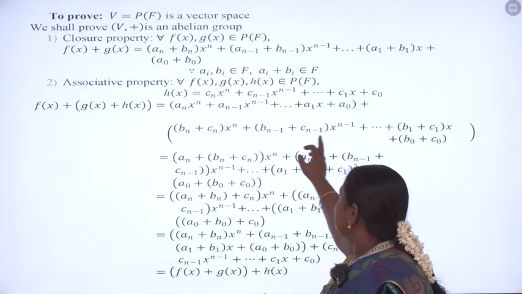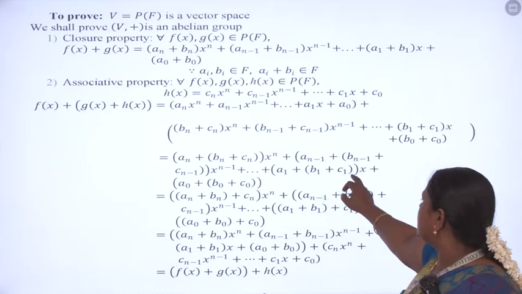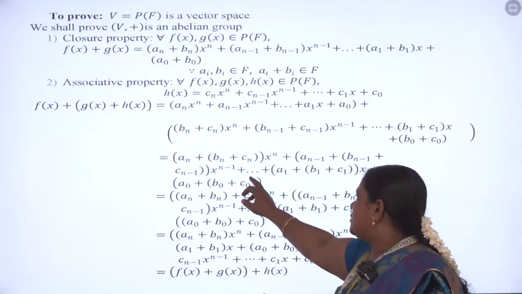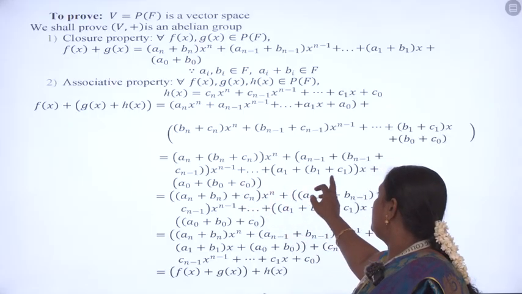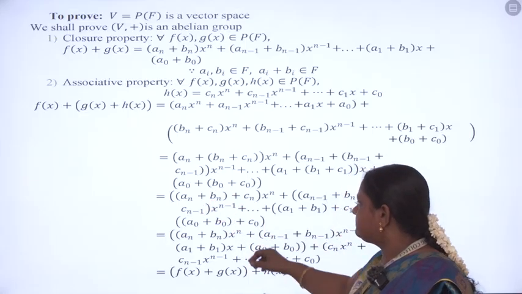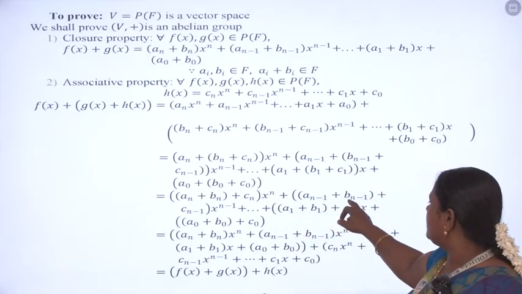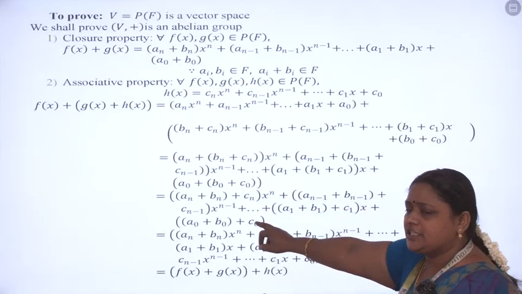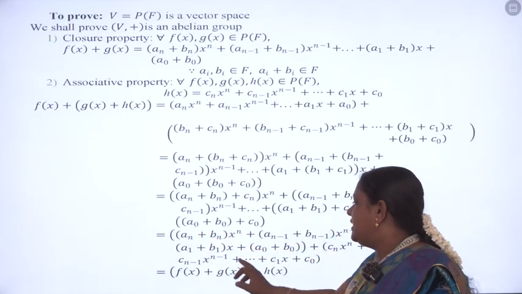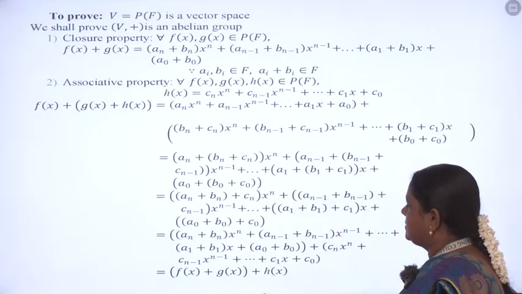Then combine these two first, you'll get (an plus bn plus cn) into x power n, (an minus 1 plus bn minus 1 plus cn minus 1) x power n minus 1 and so on, (a1 plus b1 plus c1) into x plus (a0 plus b0 plus c0). Then finally we can combine this, we'll get f of x plus g of x plus h of x.